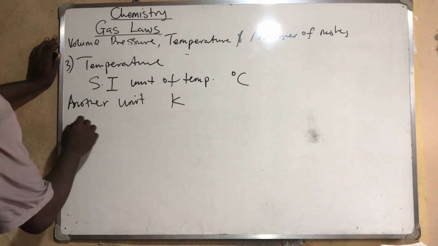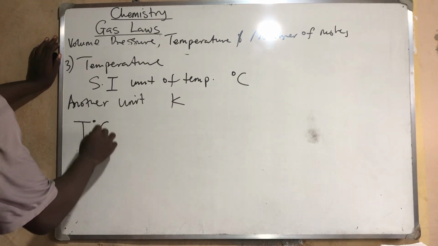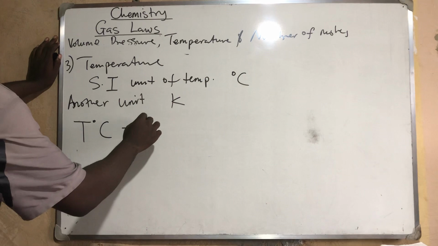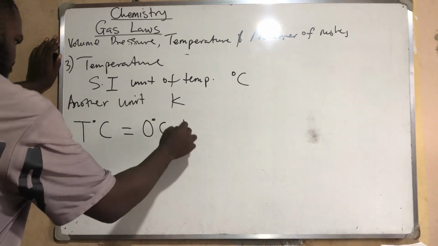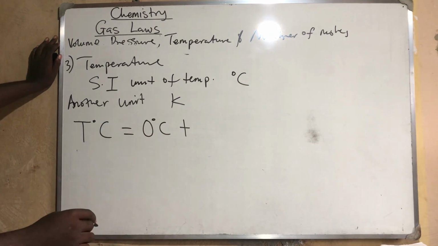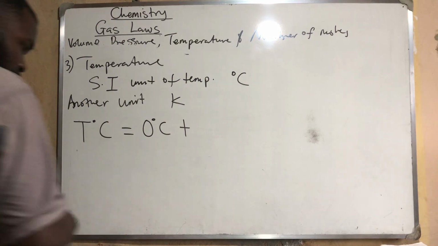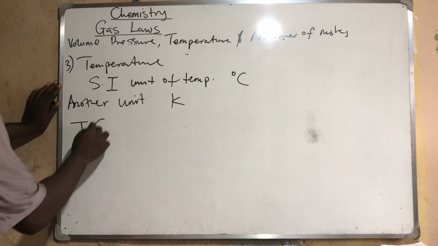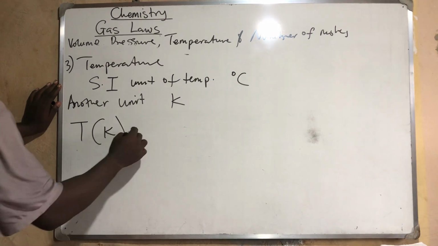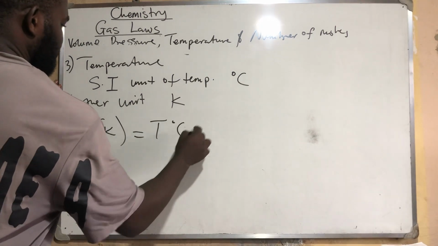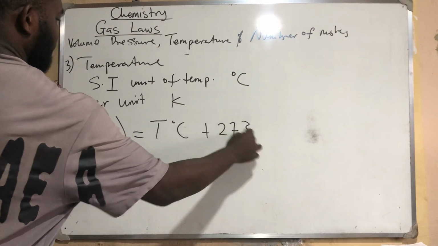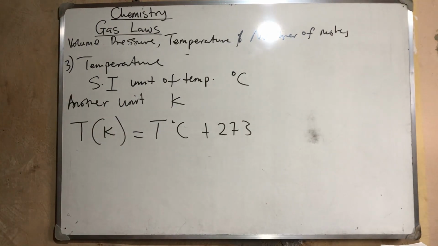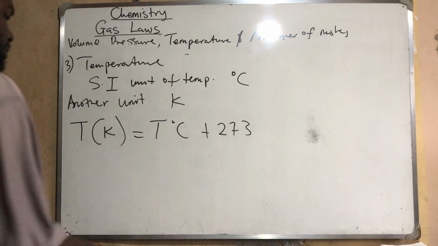To convert from degrees Celsius to Kelvin, just say temperature in degrees Celsius plus 273. Very simple. That is how to get that.